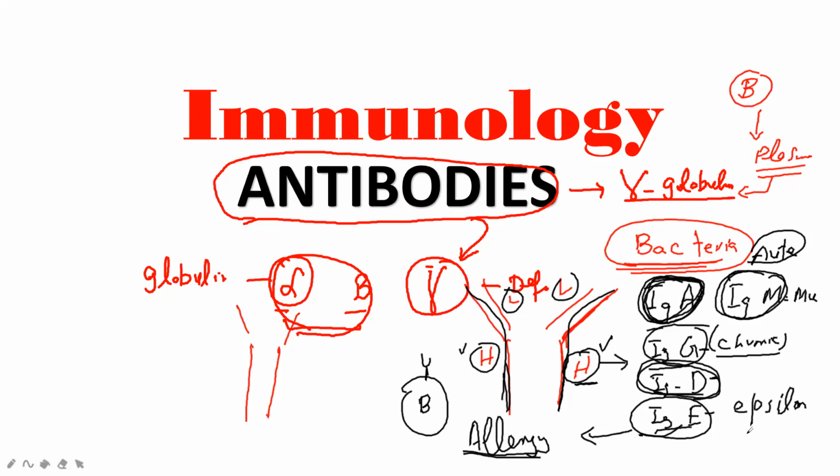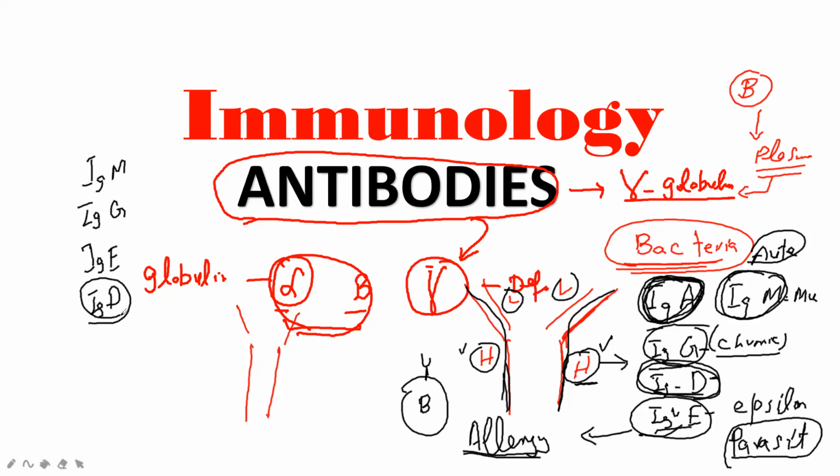If the patient has a parasite infection, some worms, the antibody defense against parasites is IgE. So there are different roles for these antibodies. IgM for acute infection, IgG for chronic infection, IgE for allergy, IgD is present on the B cell surface and acts like a B cell receptor.